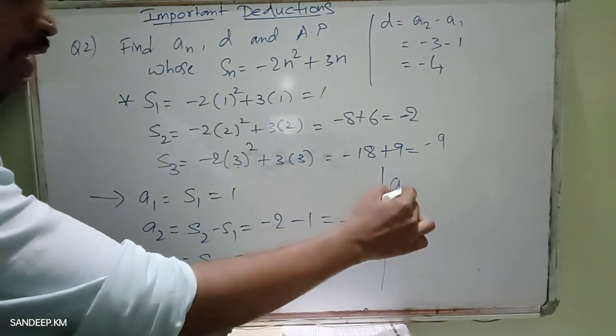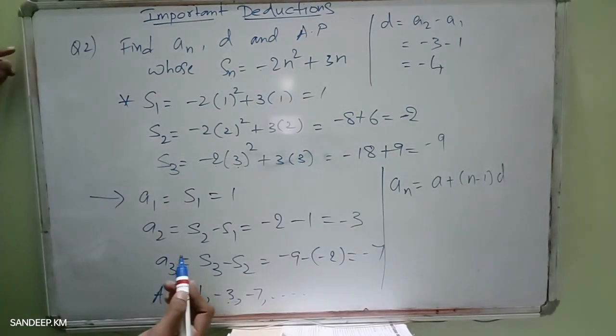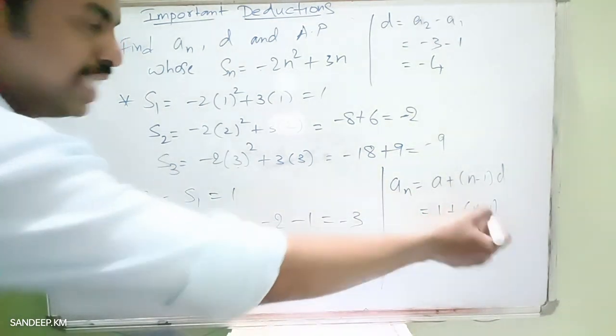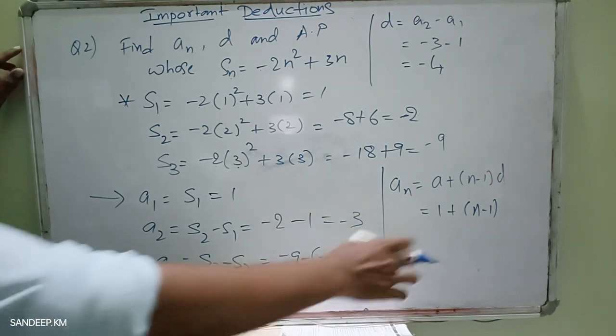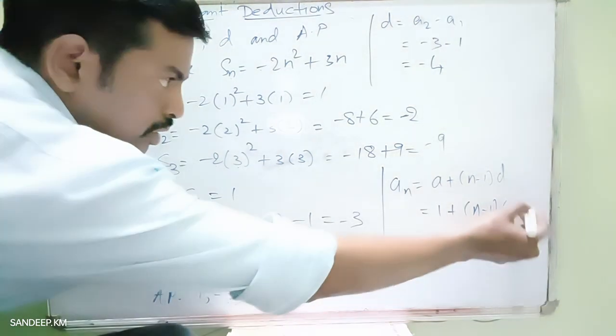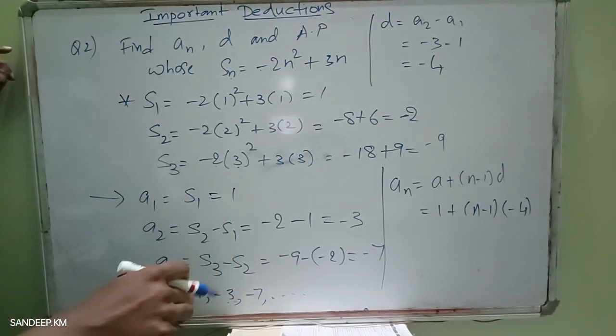Using the An formula, An is equal to a plus n minus 1 into d. Now, a is 1 plus the number of terms n minus 1 into the common difference minus 4. Since the common difference is negative, I'll keep a bracket. Please observe this.